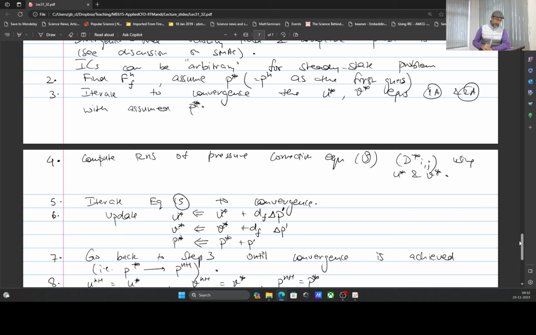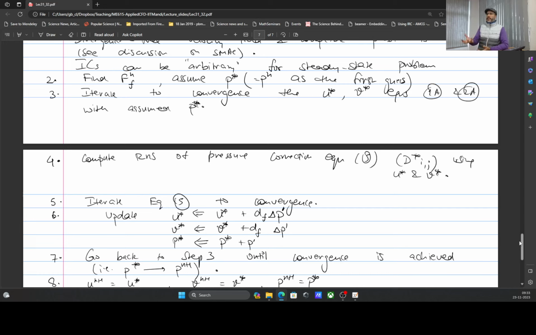So earlier what we did was we went to step number 3. In step number 3, the only difference is that now your u star, v star values are calculated using the new p star, because we have updated p star. But the mass flux was still at f_n. Now, instead of using f_n, we use an f star.